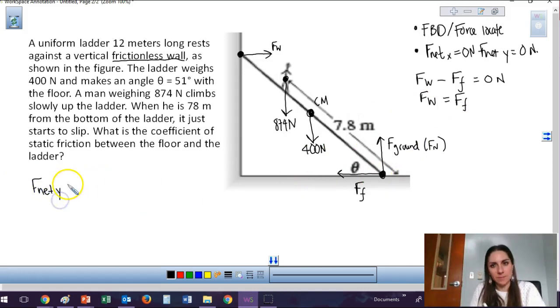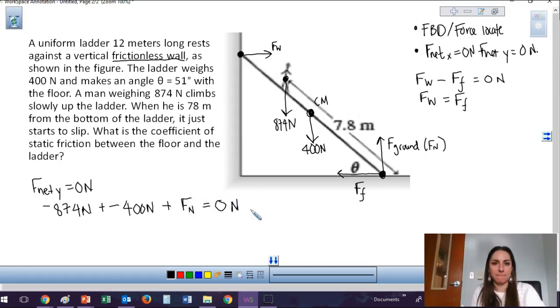Force net in the y. I want to set that equal to 0. So here's the modeling of the equation. You notice here, I have the weight of this person as 874 newtons down, so I'll have that as negative. I'll also include the negative 400 down, plus the force normal of the ground, and that's going to equal 0.